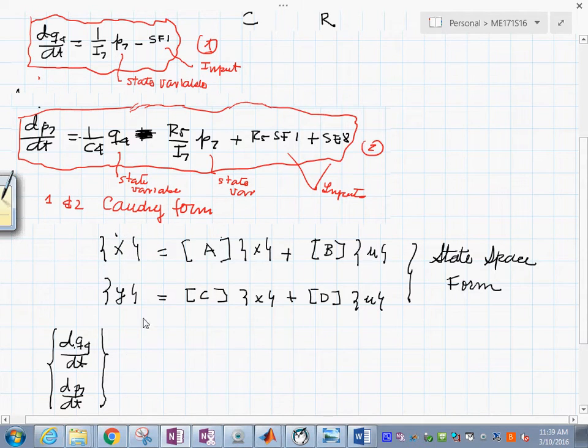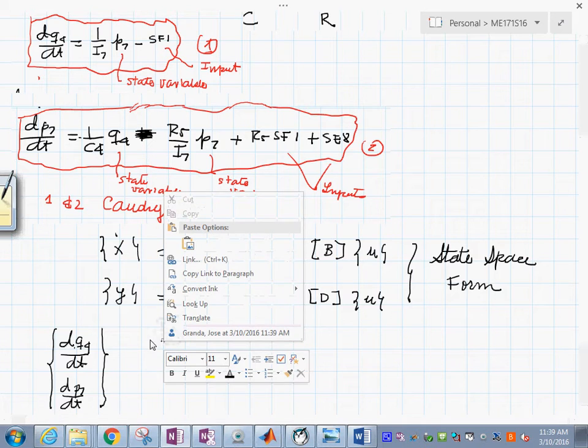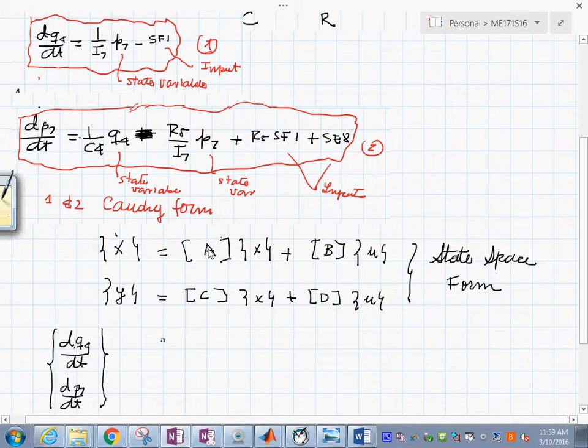And here you have two of these: you have SF1 and you have SF8. So right now we need to fill what goes into here. You see at the top I7 times P sub 7. So if you multiply the row here times this vector, this is going to be a 0, and this is going to be minus 1 over I sub 7. And then this row here is going to be a minus 1.